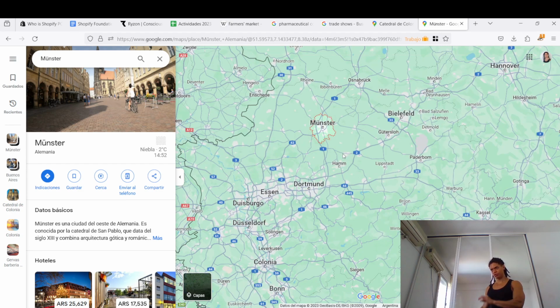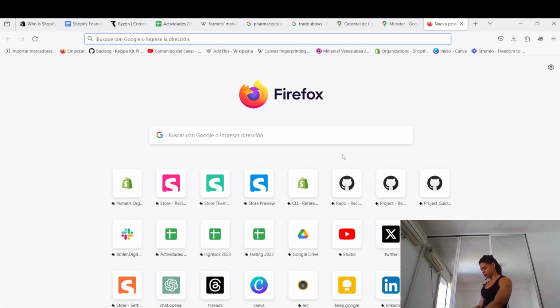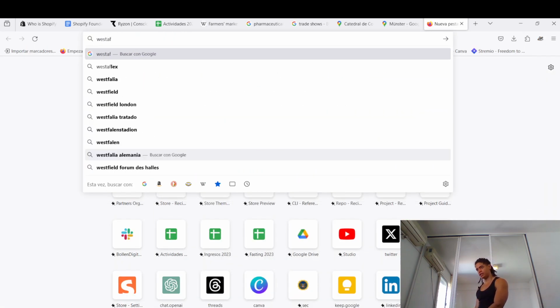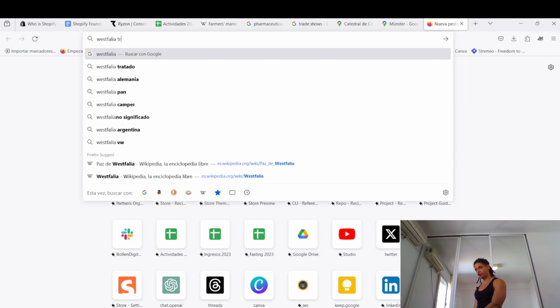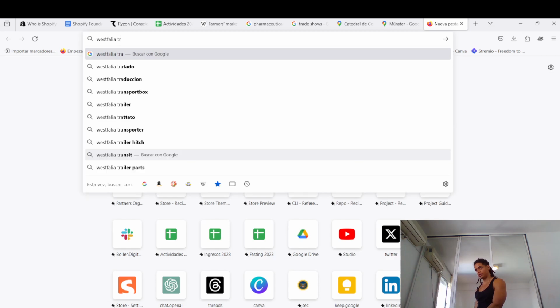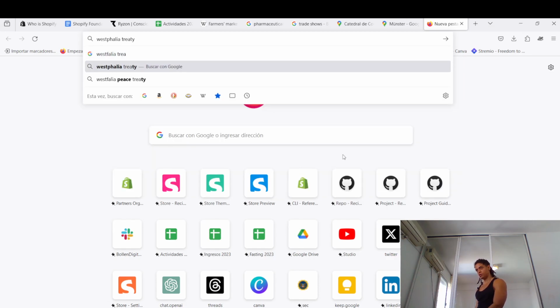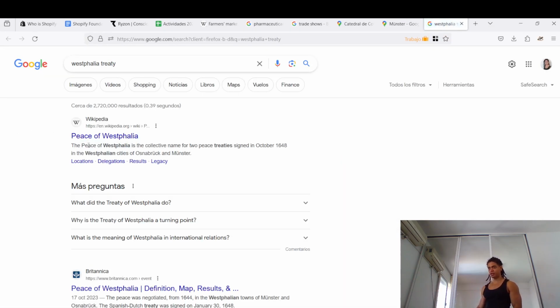Münster, they call this Münster. When all of Westphalia, it's only when the Peace of Westphalia was born.